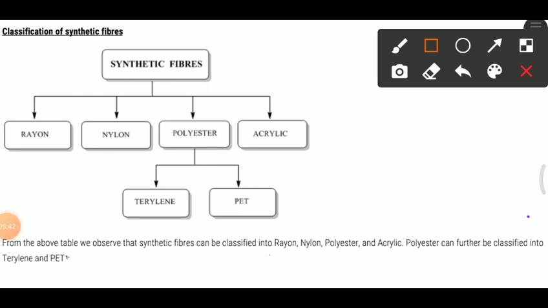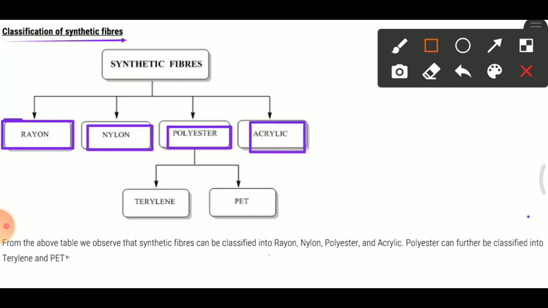Now we will discuss the types of synthetic fibers, or we can say the classification of synthetic fibers. Synthetic fibers can be classified broadly into four categories: rayon, nylon, polyester and acrylic.